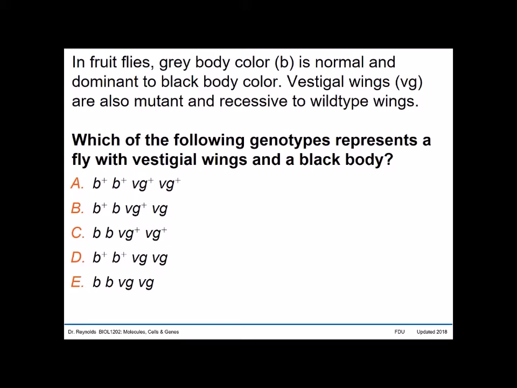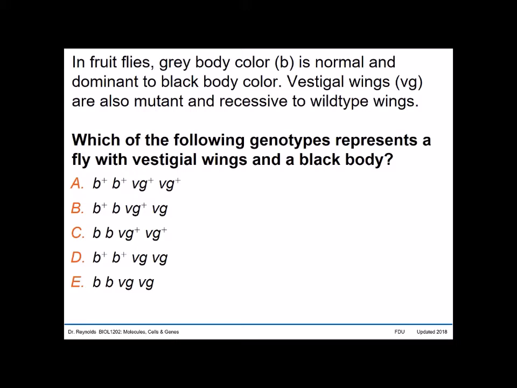Wild type phenotypes are going to be the most common phenotype or the normal phenotype in a population, which our text tells us is the gray body color. So B plus is going to indicate a gray body color. Since black is recessive to that gray body color, we need to have an individual that's homozygous for the recessive B gene, so bb, with no B plus alleles.